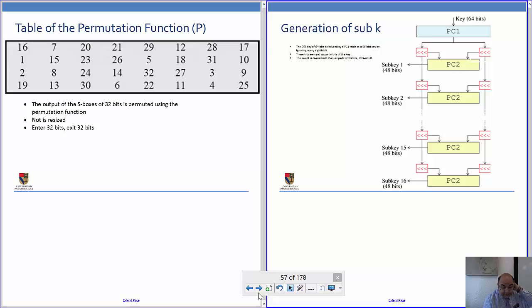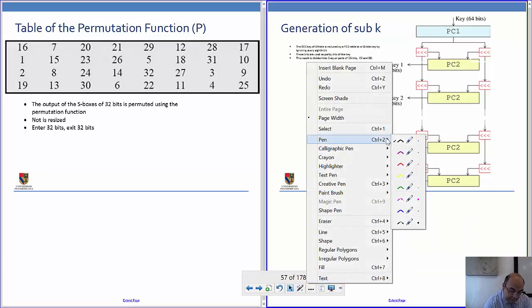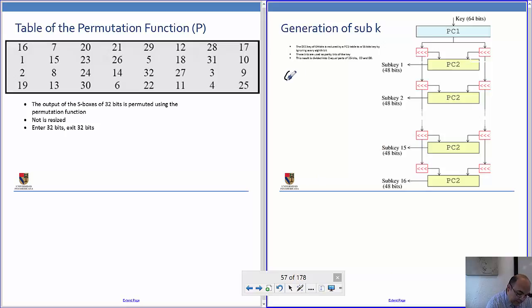Now we have to study the subkey generation. For the generation of the subkey, as I already told you, the key is a 64-bit key.